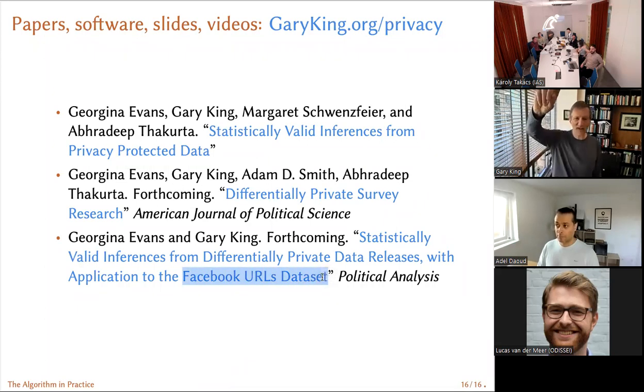I'll mention one more thing, which is that the Facebook URLs data set is very close to the way the United States Census is releasing their data. The United States Census Bureau, they do a census every 10 years, took their 2010 data and did a privacy attack on it. They went to see, could we re-identify anybody from the 2010 census?